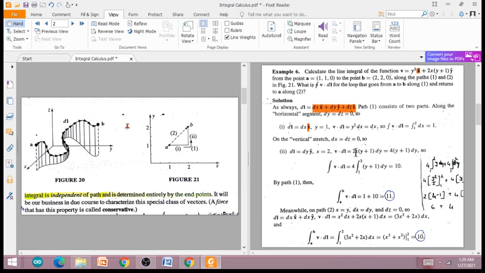So v dot dl is equal to 2x of y plus 1 dy. Correct. Now x is equal to 2, so 2 twos are 4, so it becomes 4 of y plus 1 dy. Now I am taking the integration of v dot dl with limits starting from 1 to 2.